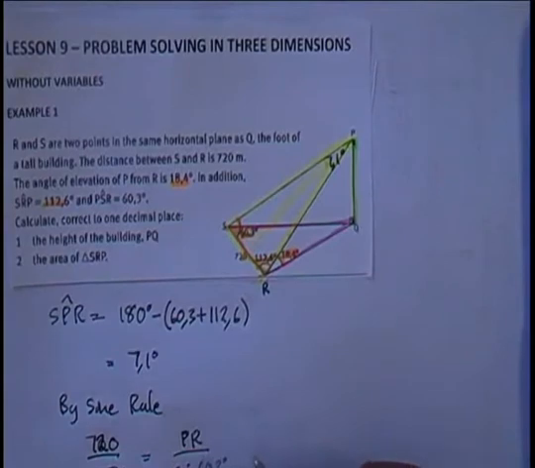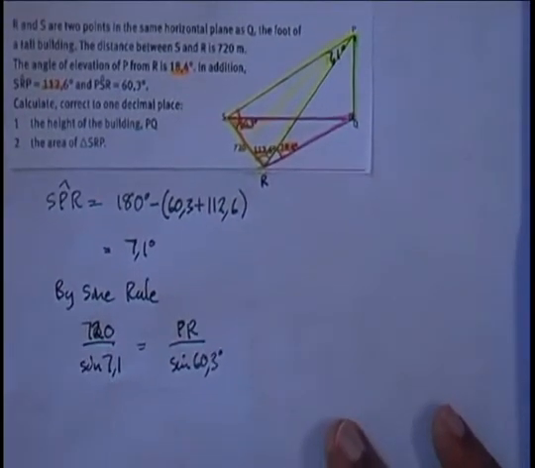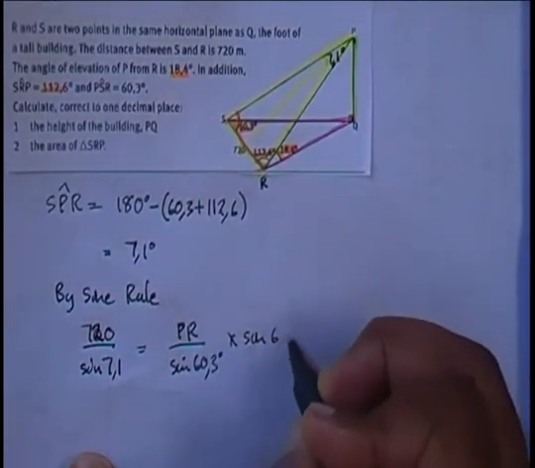Okay, now we're just going to cross multiply by sine 60.3.